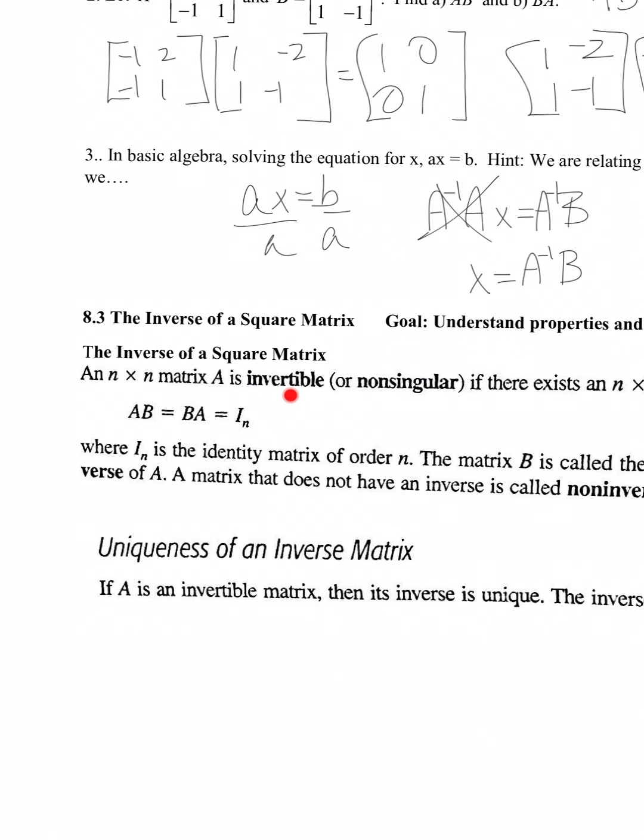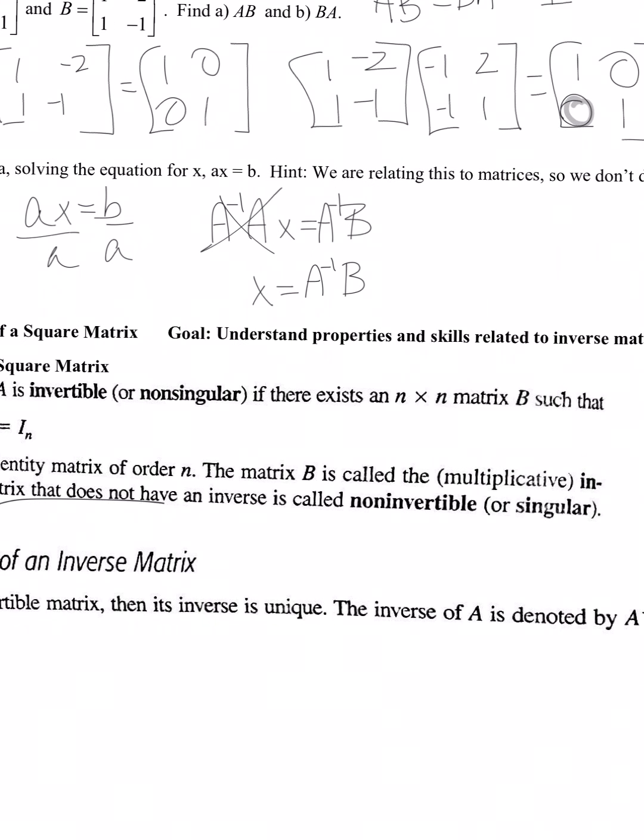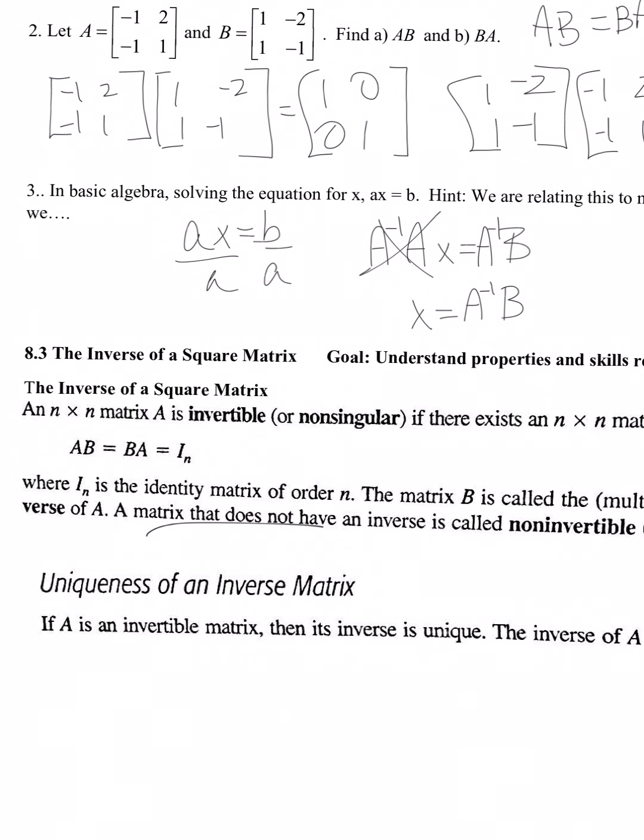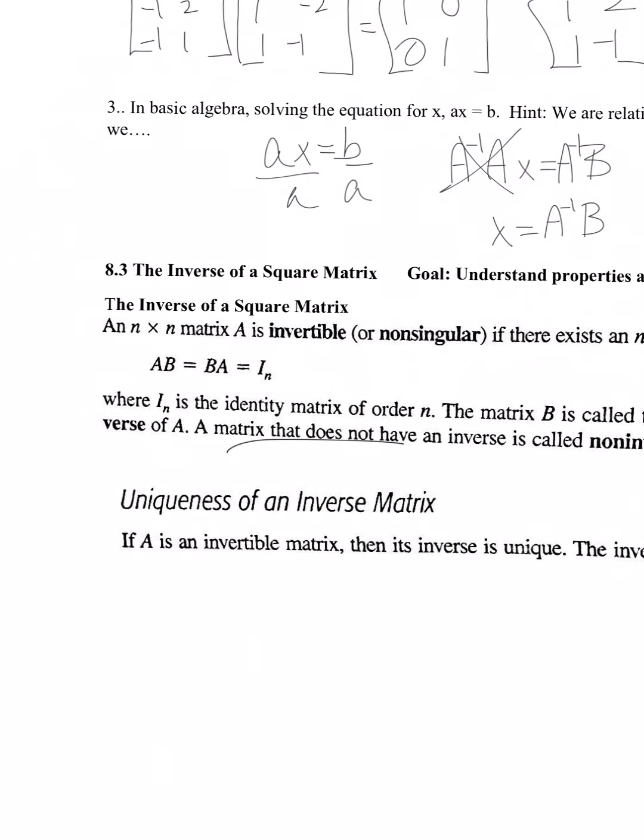A is called, this is just some terminology, invertible or non-singular if there exists an n by n matrix B that gives you the inverse. Meaning, if a matrix has an inverse, it is called an invertible matrix. If it doesn't have one, because there are examples of matrices where you cannot find a matrix B such that the product gives the identity, then those are not invertible, or they are considered singular.